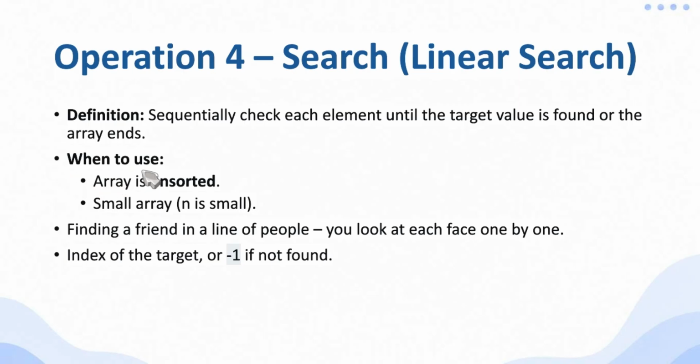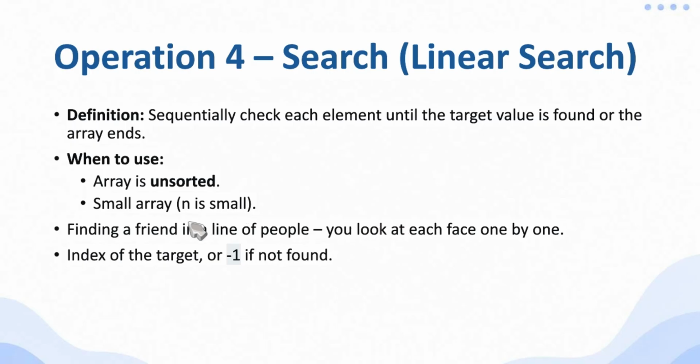When to use linear search, right? When the array is unsorted and small, like n is small, and also you don't need the fastest possible search, you can use linear search, right? For example, finding a friend in a line of people, you look at each face one by one until you spot them, right?